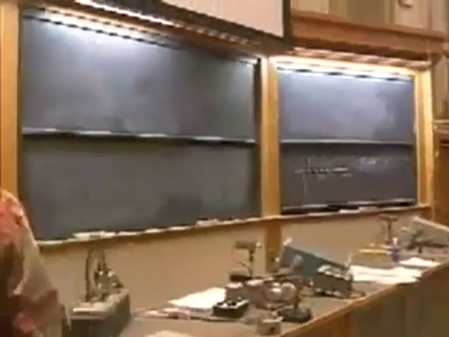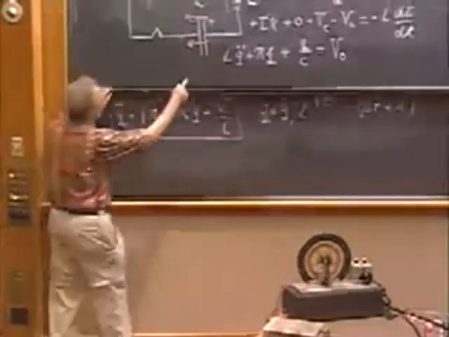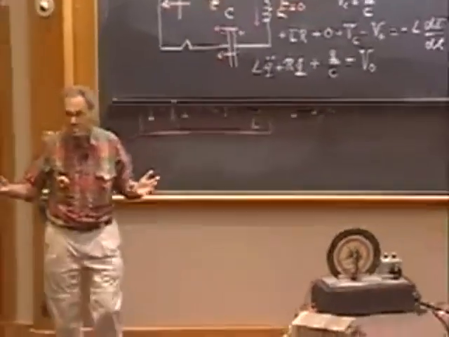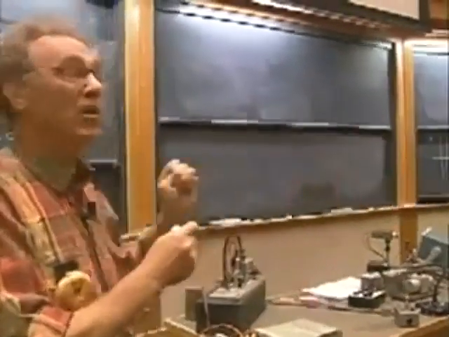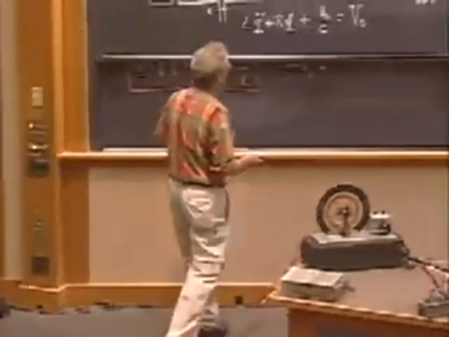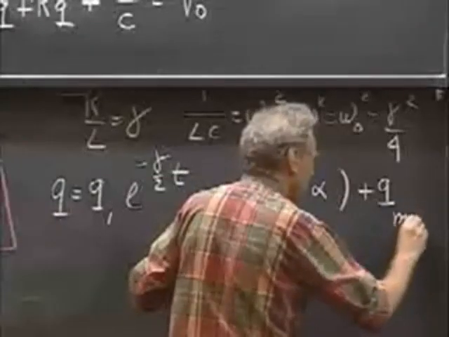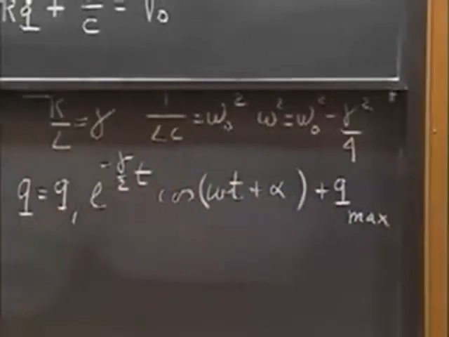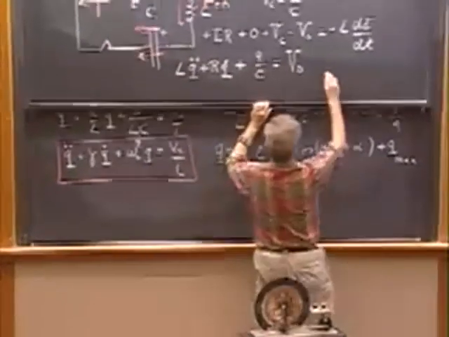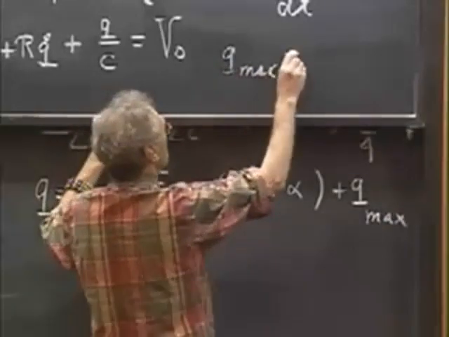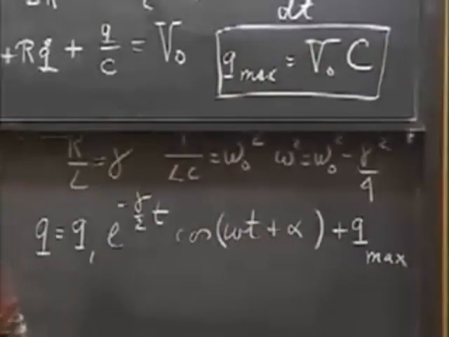Whereas here, the oscillation in the charge will end up, if we wait long enough, with a fully charged capacitor. Because when the oscillation has died out, the capacitor has been fully charged. And so clearly, if you add here this charge on that capacitor, then you must be okay. That must take into account that it is not zero. And this Qmax is simply V0 times C, which means the capacitor is fully charged.